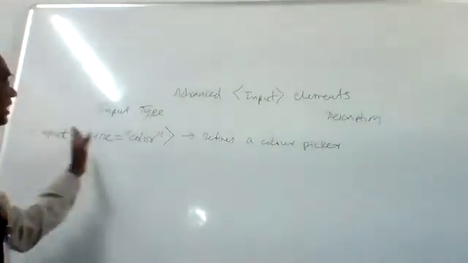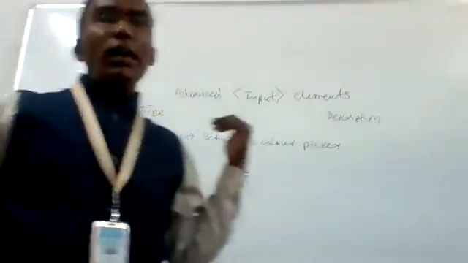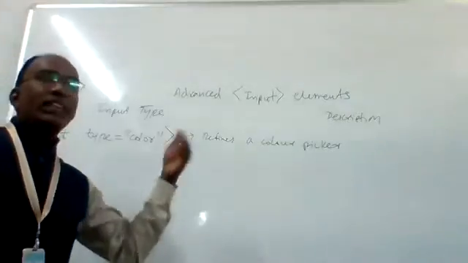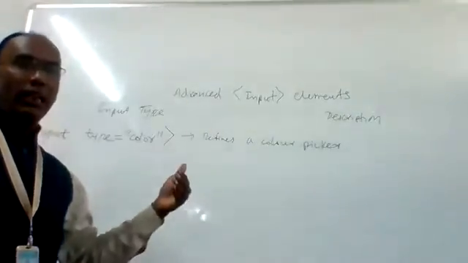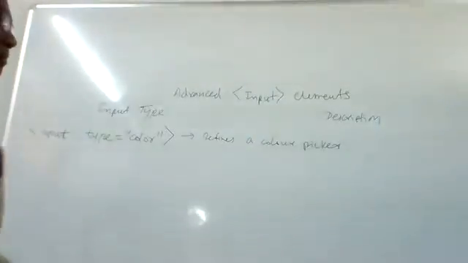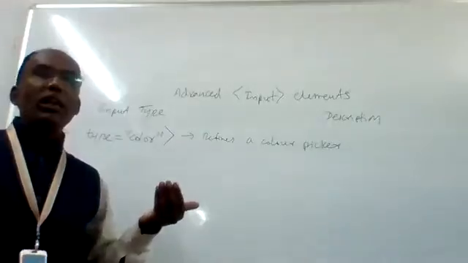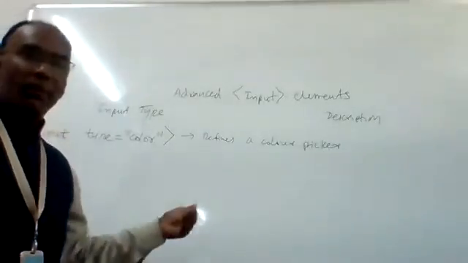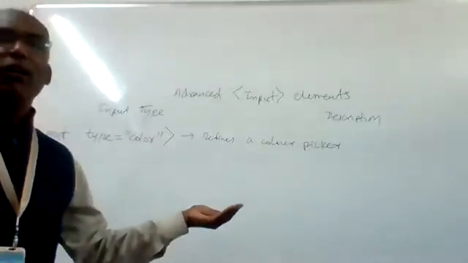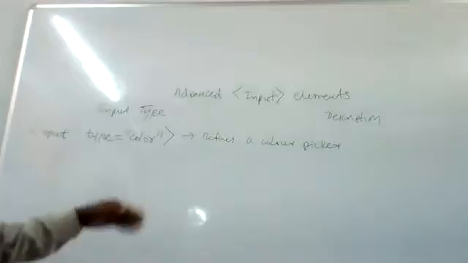It will pick a color with the help of user input. A color picker will be there, and we can pick a color to input the data to the page.